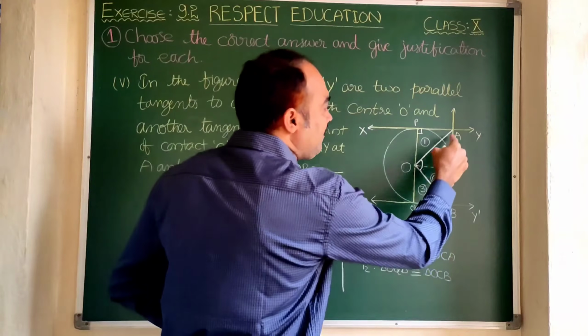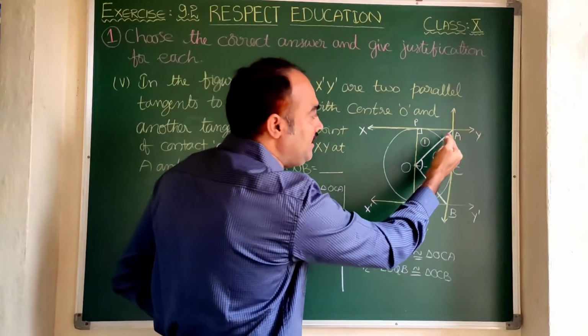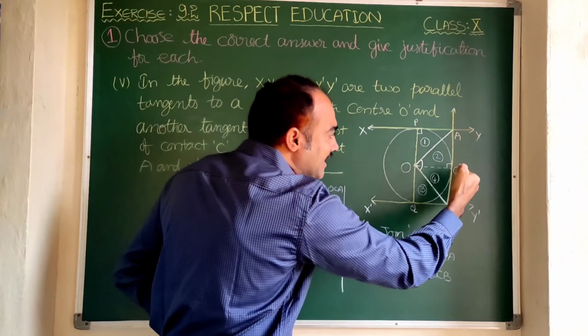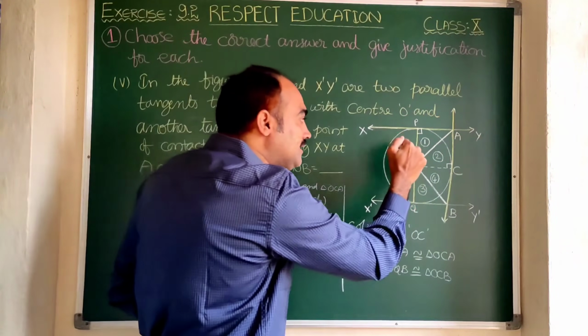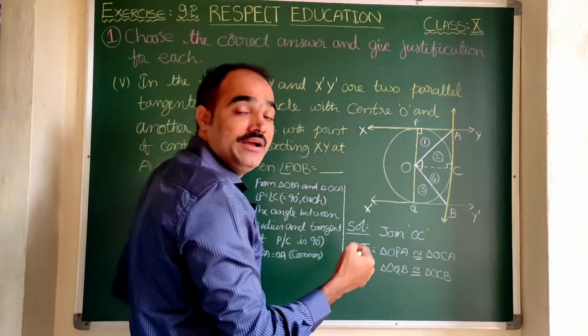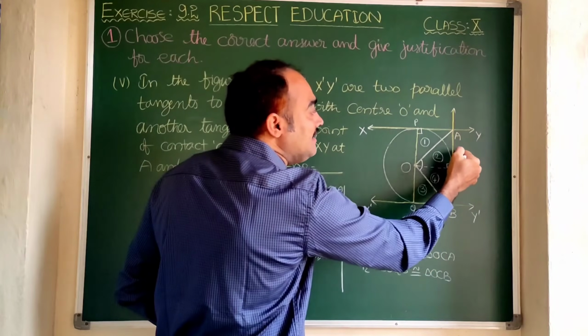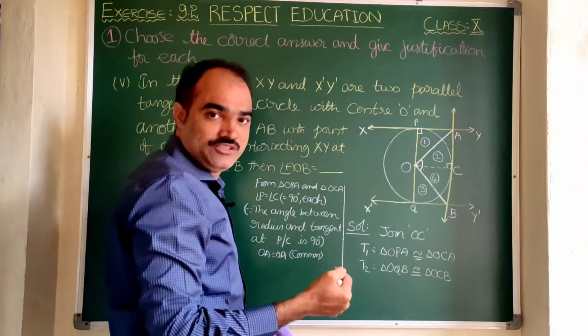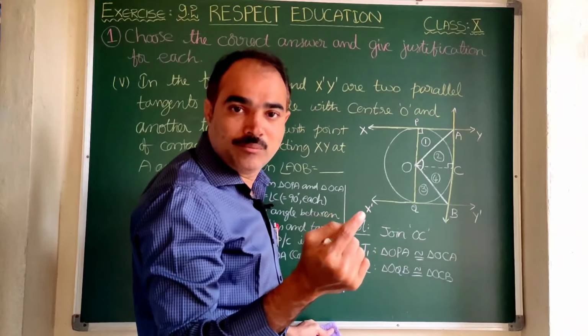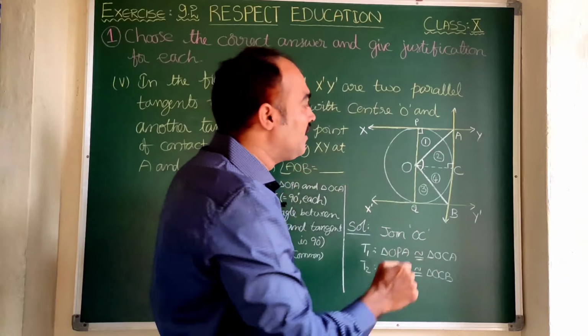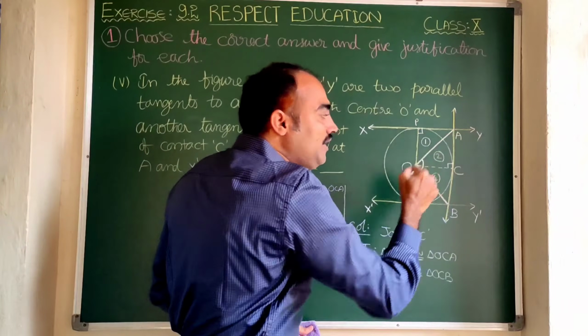And one more thing, from A, the external point, AP and AC, these two are the tangents drawn to the circle from an external point. We know that the tangents are equal, or in other words we can say the lengths of the tangents drawn from an external point to a circle are equal. So in that sense AP is equal to AC.